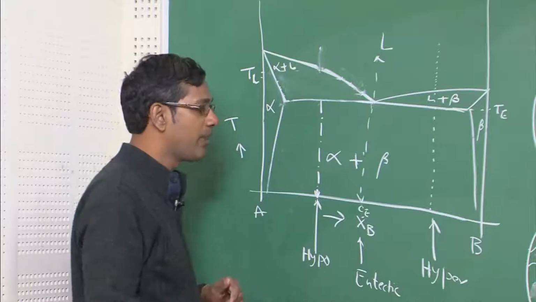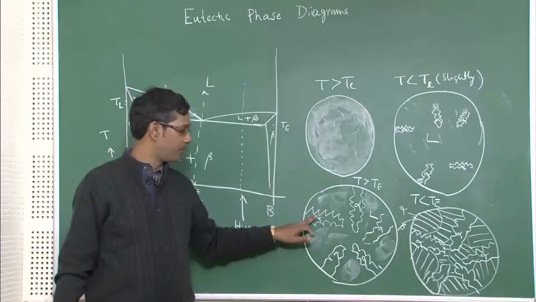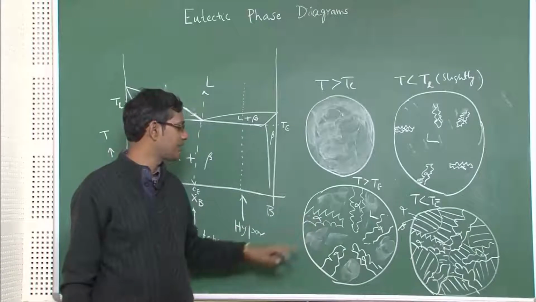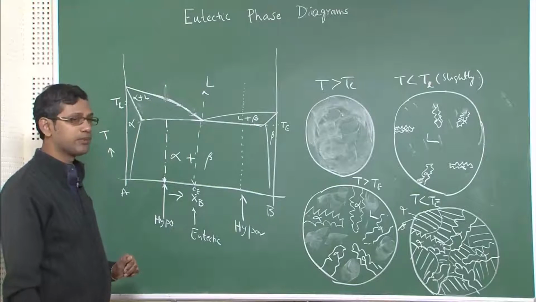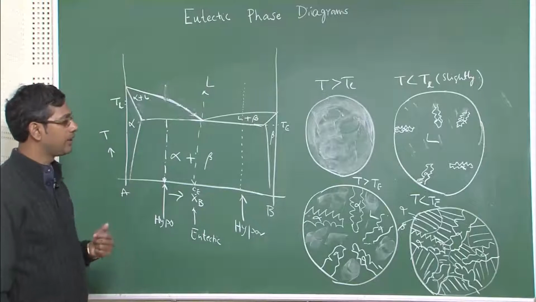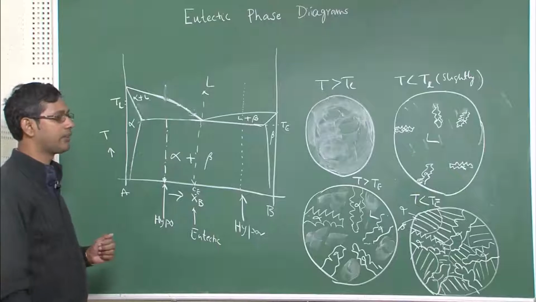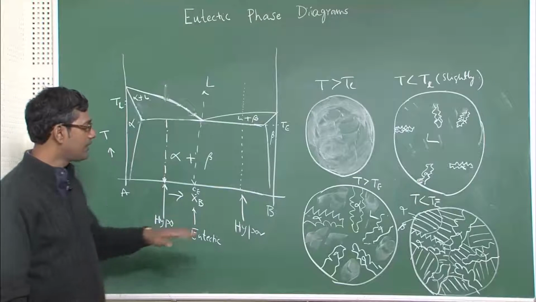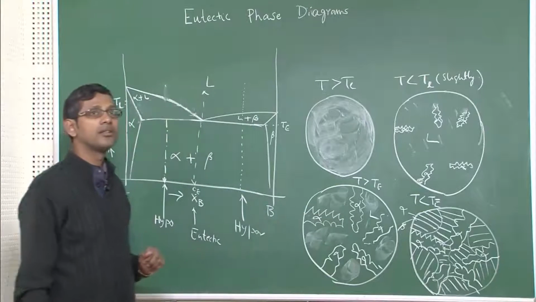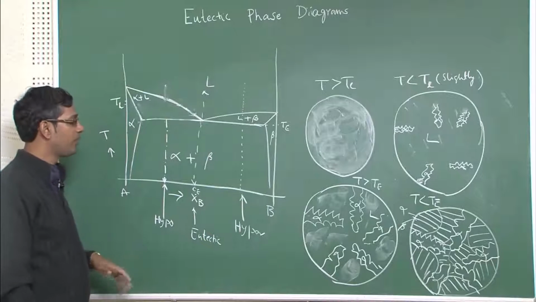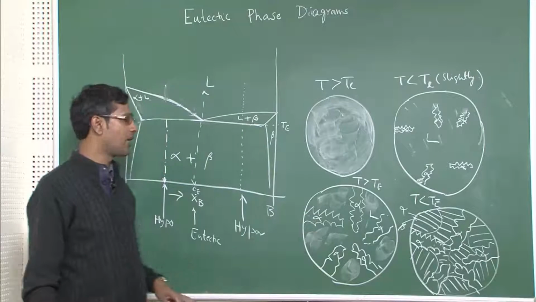What is the meaning of coring? For the alpha dendrite which will form, go back to the discussion on the copper nickel isomorphous system and look at the video lecture which I have given earlier. There you will see that these alpha dendrites are cored, okay. Cored means a compositional gradient exists in the alpha dendrites.